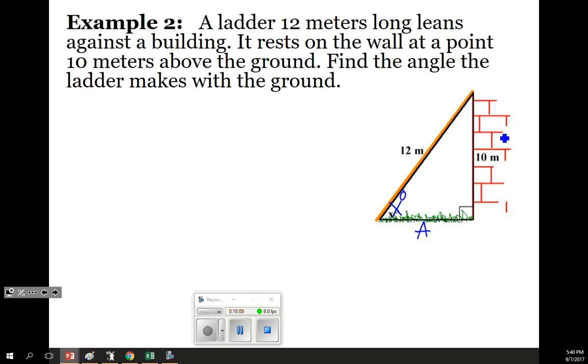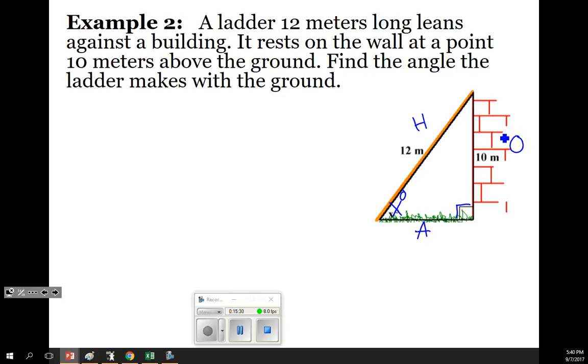So we always know that across, or the opposite side of the right angle, is always the hypotenuse. So now we're left with the opposite over here. And so now we can move forward. We got the information that we need. So we have the H and we have the O.